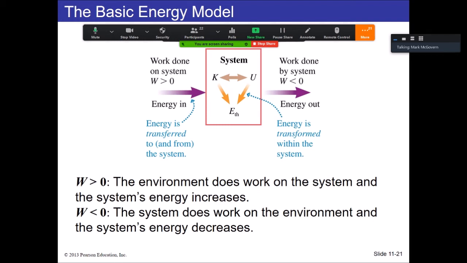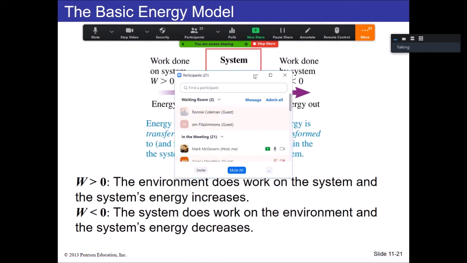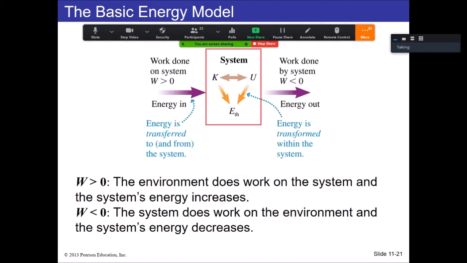Okay, so this is our basic energy model idea. And what we're going to be trying to do is keep track of all these things in order to solve our problems.